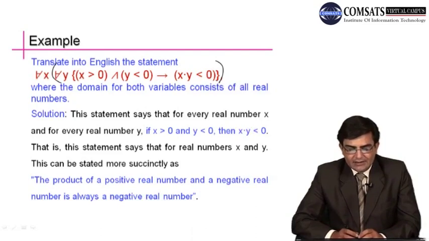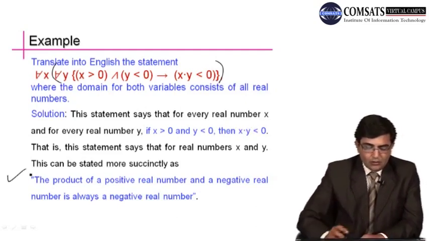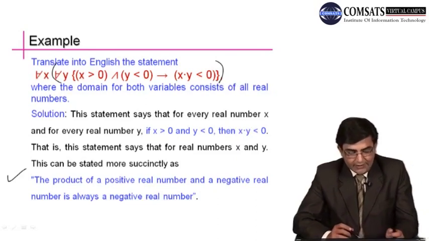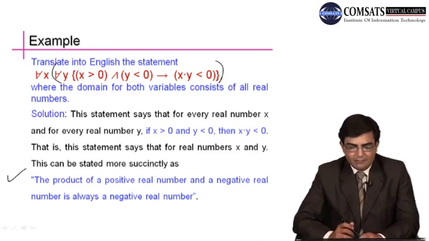That is, this statement says that for real numbers x and y, this can be stated more simplistically, you can say it like this: the product of a positive real number and a negative real number is always a negative real number.